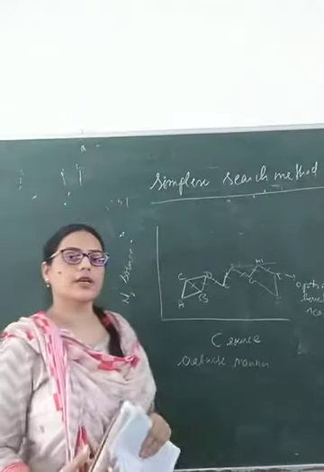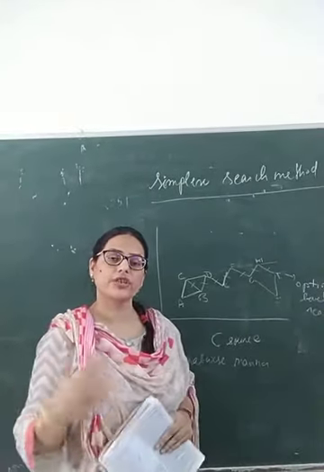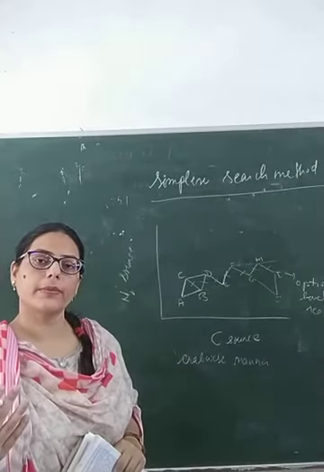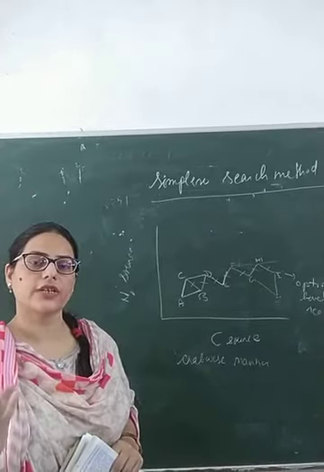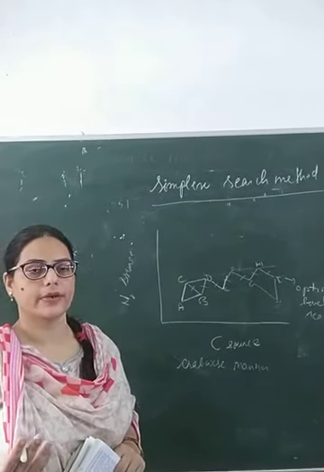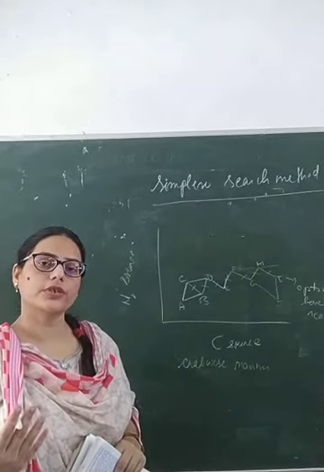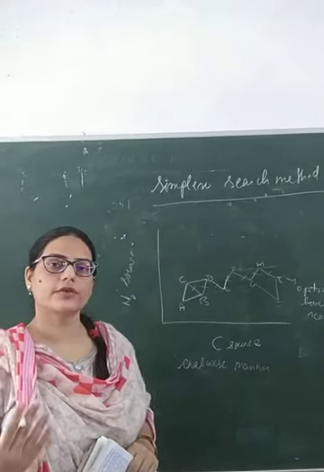So this is the methodology in which the number of experiments has been reduced. For optimizing n variables, we are just having n plus 1 experiments. So the simplex search method reduces the number of experiments and gives good results.